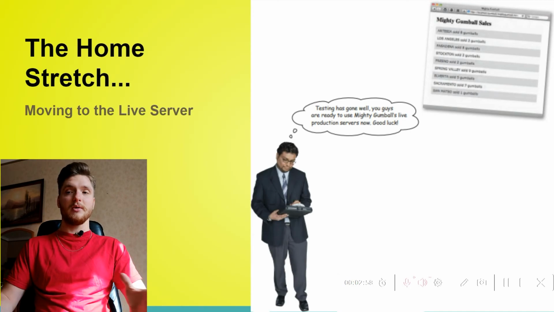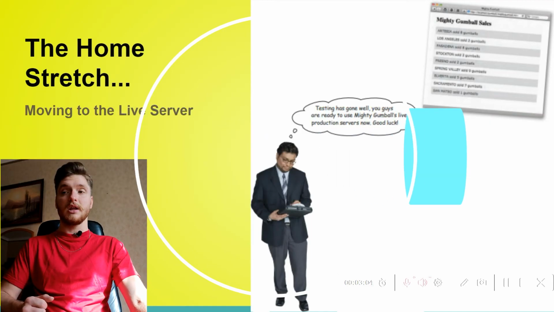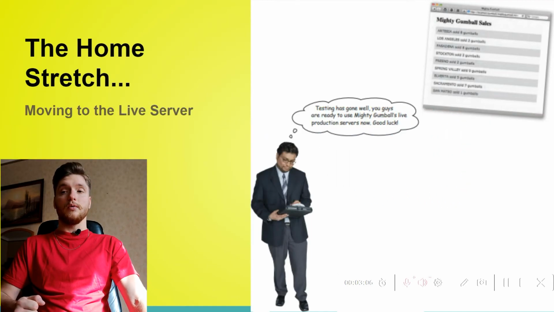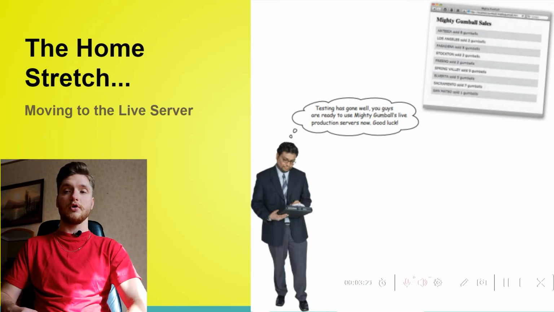Good luck. Moving to the live server. Mighty Gumball asked us to test locally, which we have, and now we're ready to move on to testing against the real server. This time, rather than retrieving a static JSON data file, we'll be retrieving JSON that is generated dynamically from the Mighty Gumball servers.